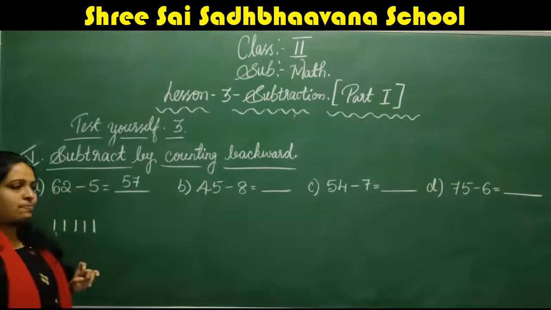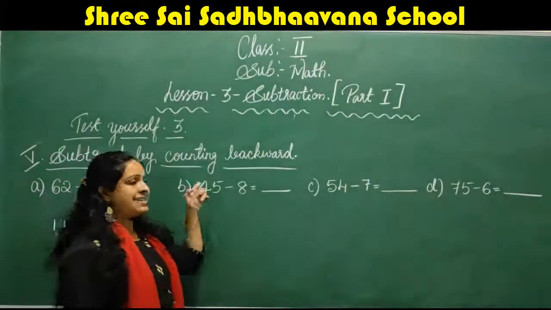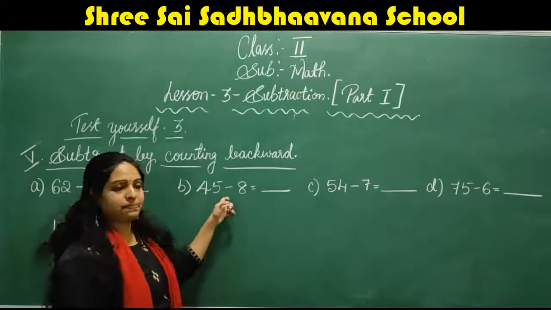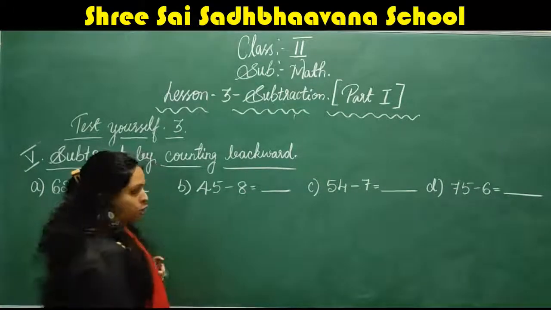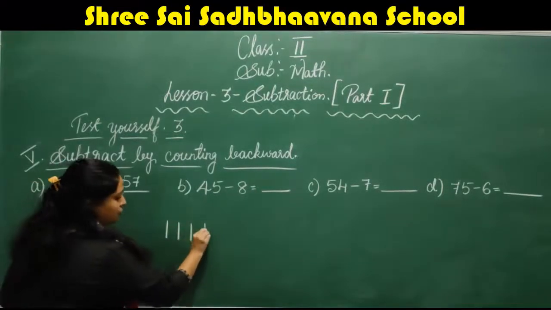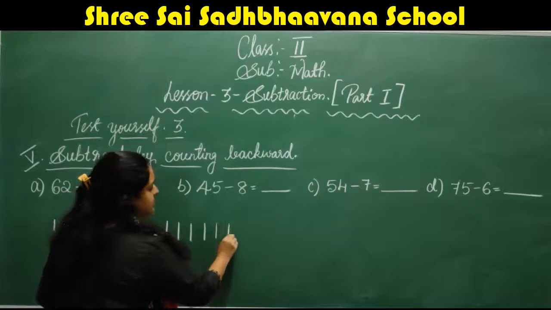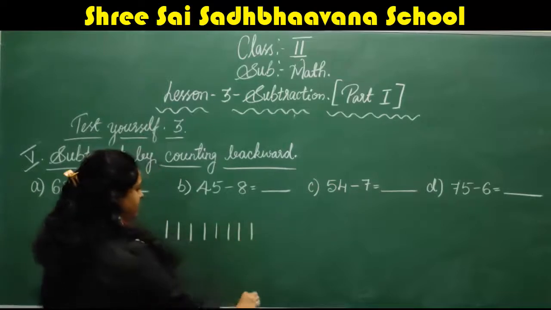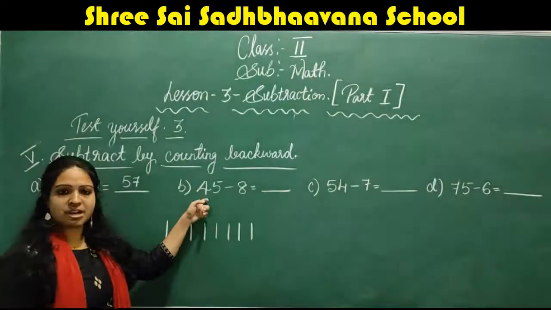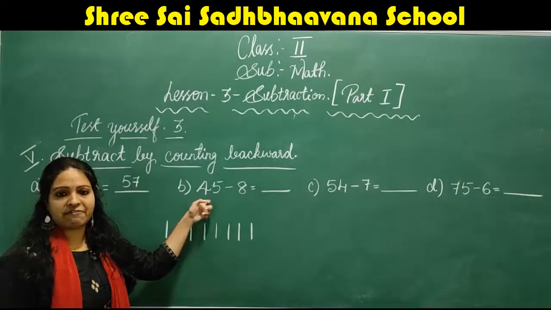Let me show you one more method. 45 minus 8. So how much do we have to subtract here? We have to subtract 8. So let me draw 8 lines. 1, 2, 3, 4, 5, 6, 7, 8. Okay. So now 8 lines are over. So I have to start from which number? The backward number of 45.